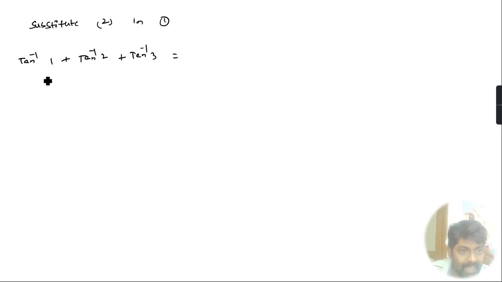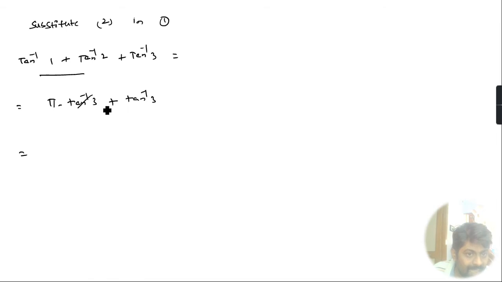So we get tan inverse 1 plus tan inverse 2 plus tan inverse 3 is equal to, up to this value, what is the value? The value is equal to pi minus tan inverse 3 plus tan inverse 3. So therefore the tan inverse 3 will be cancelled, and finally we get pi, which is equal to the RHS.